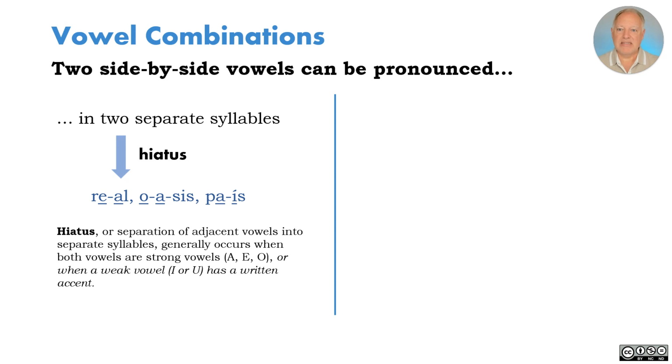And then finally, a low high vowel combination, but the high vowel or weak vowel has a written accent. In other words, it is stressed. So país, which means country. So that's hiatus, again, when we pronounce the vowel combination as two distinct syllables because they are both low or mid vowels, or one is a stressed high vowel.